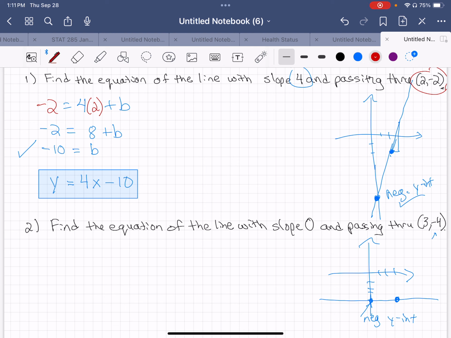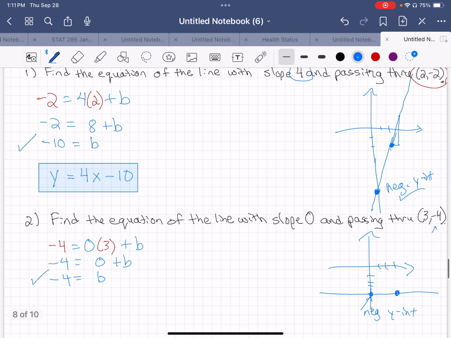We plug in our point, (3, -4), so y is -4, and our slope was 0, and the x was 3, which you know is not going to matter, plus b. Same setup: 0 times 3 is 0, plus b equals -4. So 0 plus anything is that thing, b, which is -4. So negative, yes, check, that's what we were expecting.